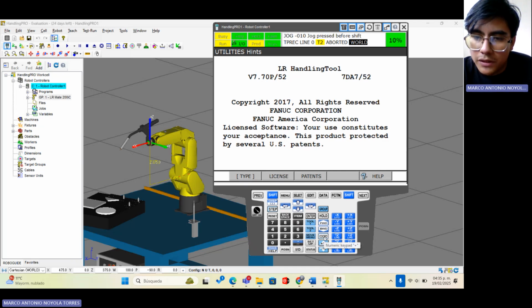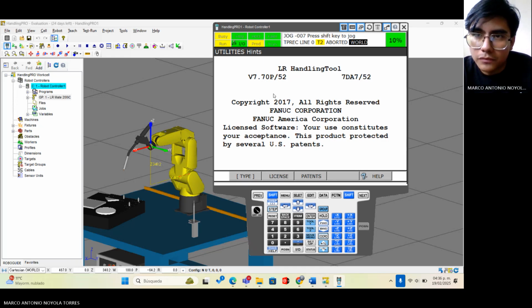To exit this singularity, in the joint system you must move the fifth joint, in this case in the negative direction, and then the robot exits this condition of singularity.